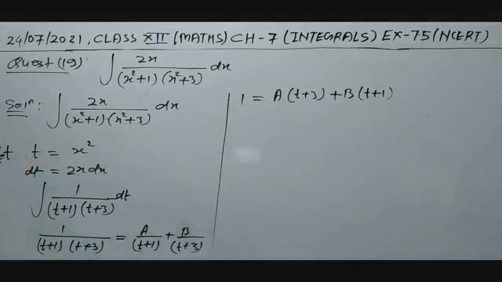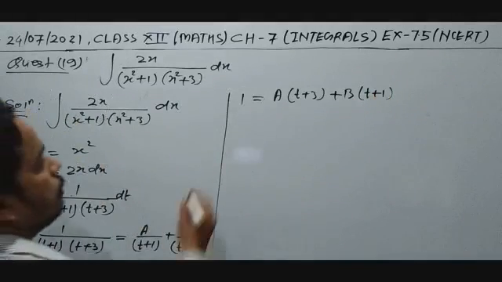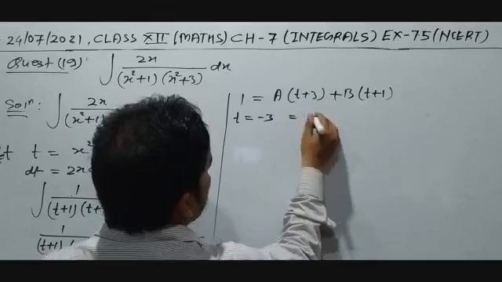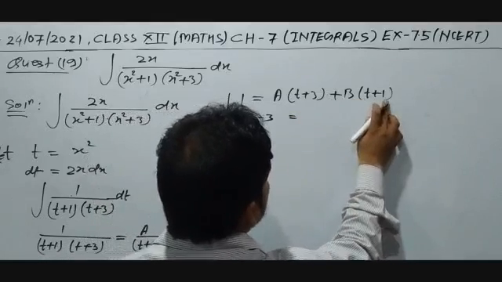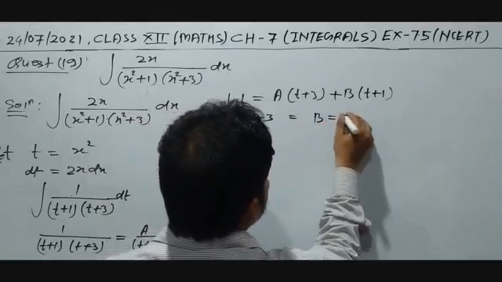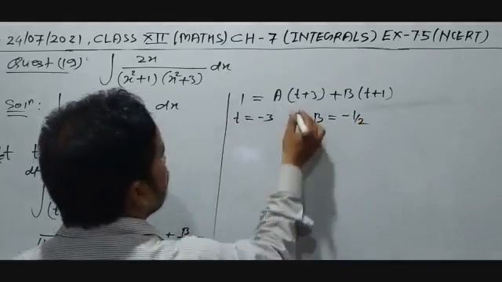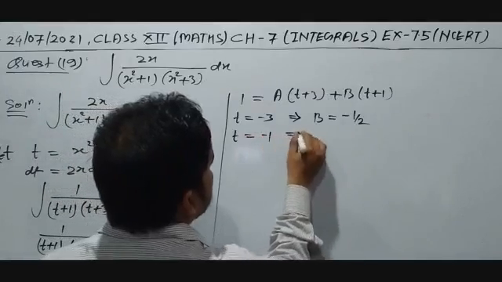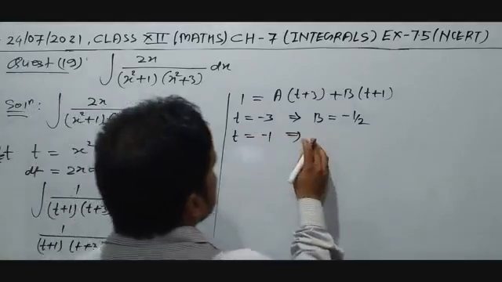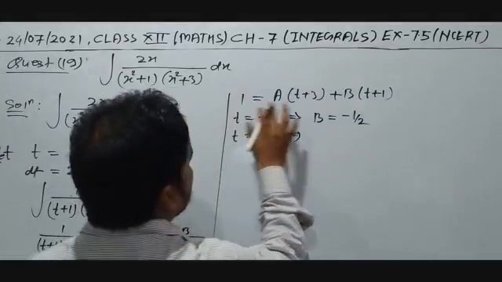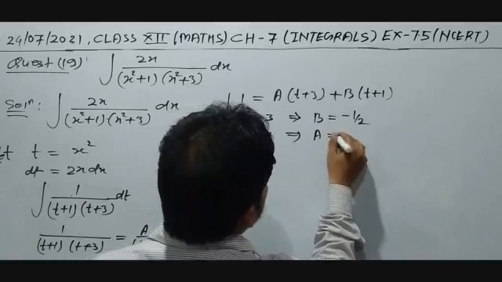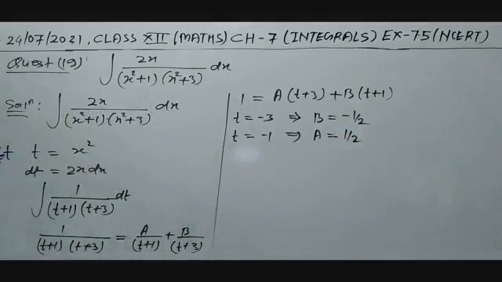To calculate a and b you will consider t is equal to minus 3 on both sides, so you will get minus 2, so b you will get minus 1 upon 2. And t is equal to minus 1, then the result will be 1 is equal to 2a, which means a is equal to 1 by 2. So a and b I have calculated.